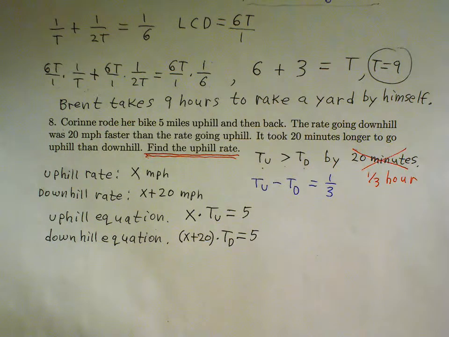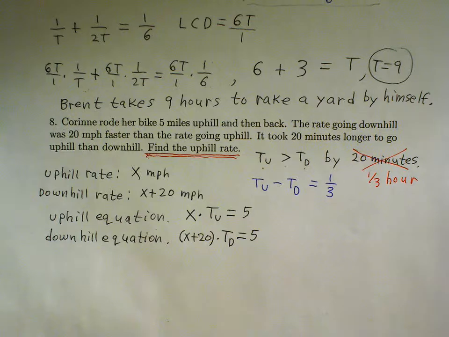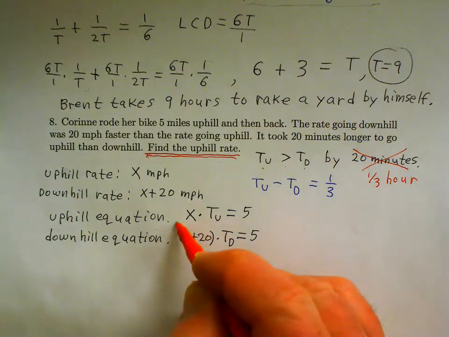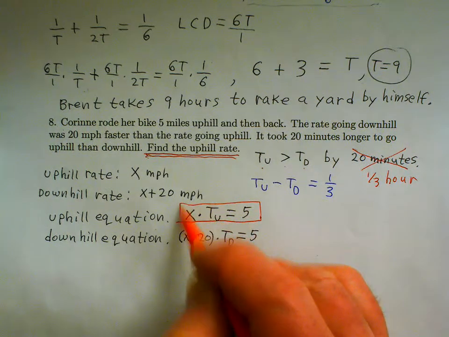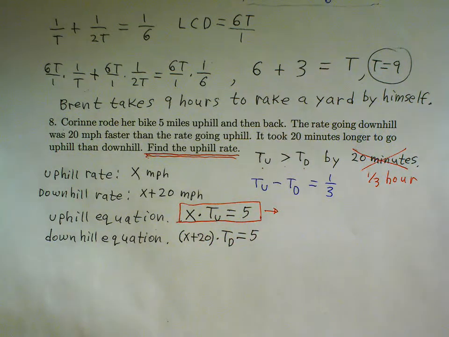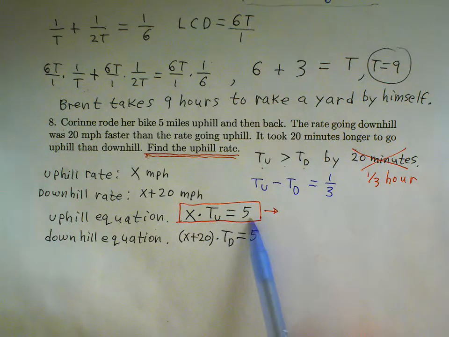Okay, now we can focus on getting an equation whose only variable is x. So we're going to do the same sort of thing that we've been doing. We'll solve this equation for time. So x times t sub u equals 5.